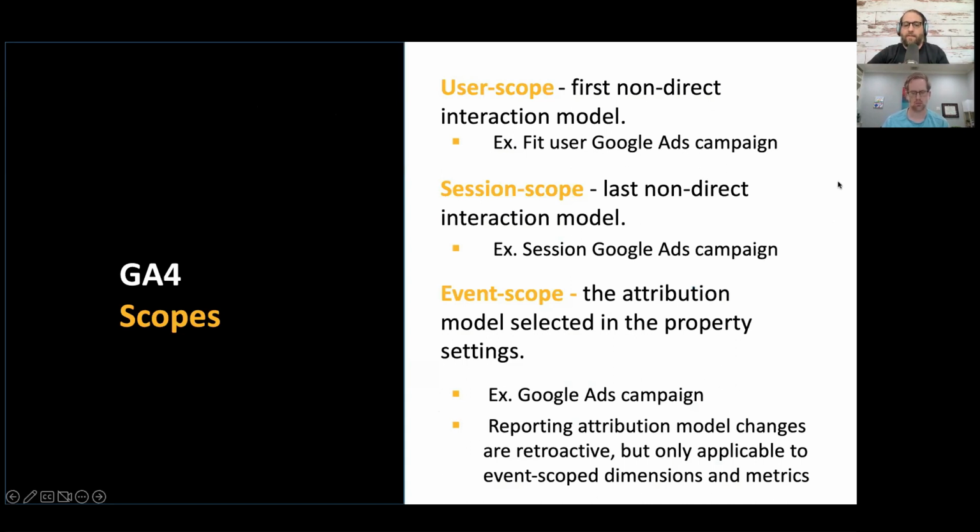So in Google Analytics, we have 3 scopes, 3 ways of looking at the data. The first one is user scope. User scope means I'm looking at the data from the perspective of the individual, the highest level, that person. When I look at a user scope report, it's going to tell me what was the first thing that brought them to the website.